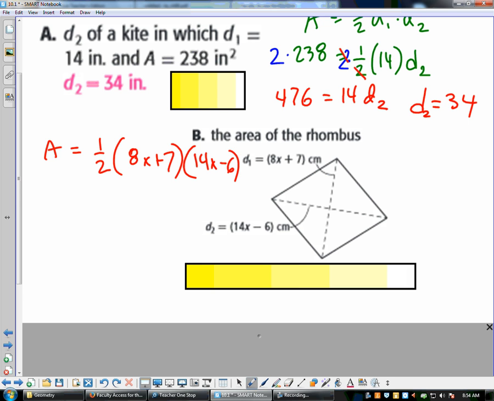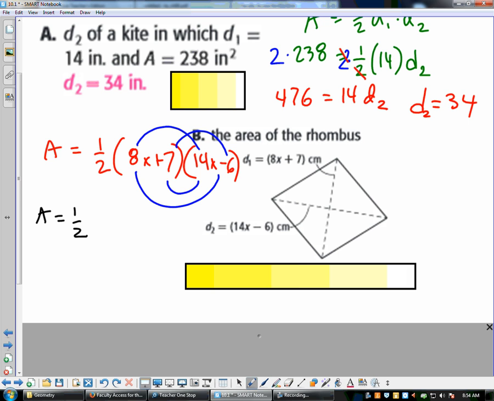All right, and so if we use FOIL on this, first, outer, inner, last, see what you come up with for this. Stephen, talk me through the foiling step here. You go 8x times 14x.